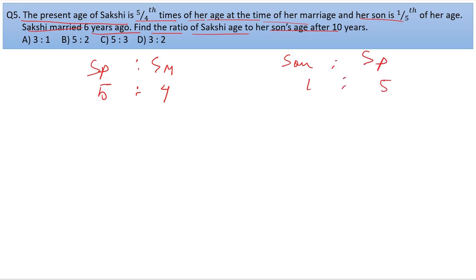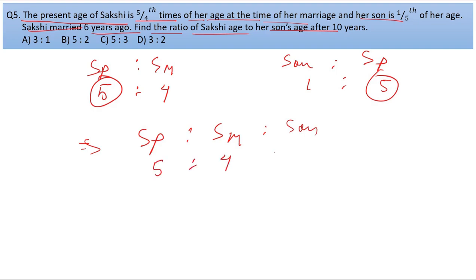Now let us check the present age of Saksi. We have 5 here, we have 5 here, hence it is balanced. So the ratio between the present age of Saksi, Saksi during her marriage, and the son will be 5:4:1. Now the question is saying Saksi married 6 years ago.